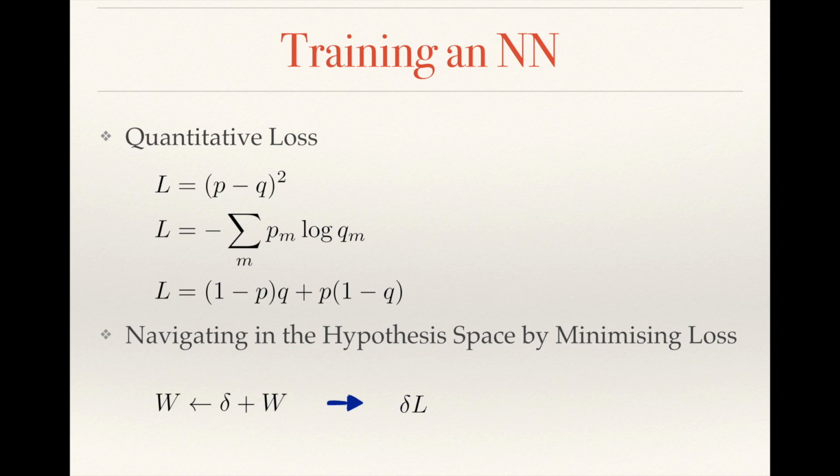Or if the problem is a classification problem, we may want to consider the output of the neural network as the probabilities of the input sample belonging to whatever category of the classes.